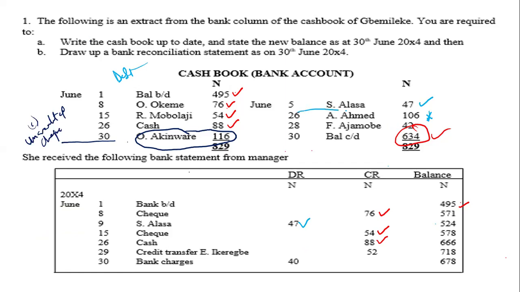It means you have two items, and these are referred to as what we call unpresented check. Now let's go, we'll quickly come here. What are the two?